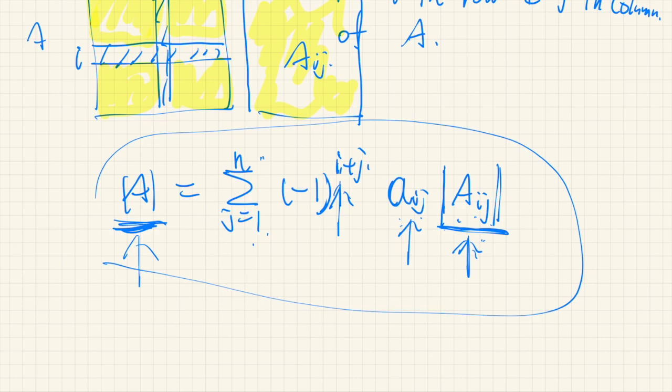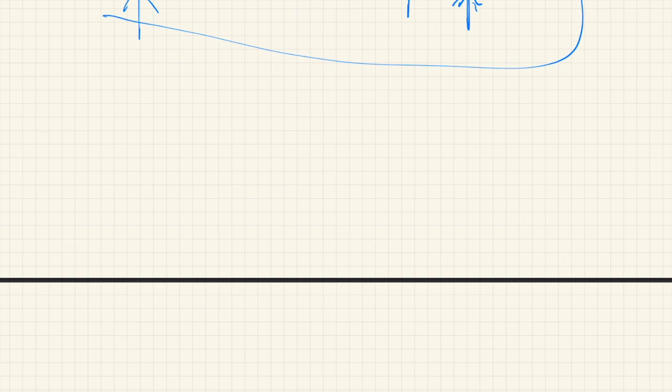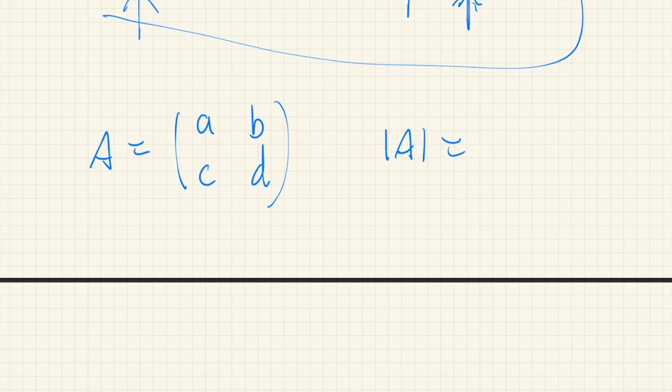Maybe this definition is too abstract, so let's consider concrete examples. First, let's consider the determinant of a 2 by 2 matrix, let's say a, b, c, d. In a previous video, we already defined the determinant of this 2 by 2 matrix. And we know that this is a times d minus b times c.